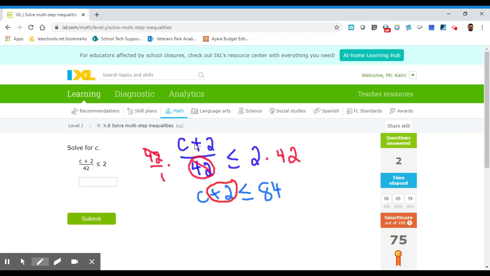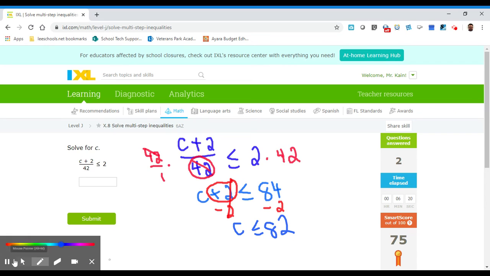Now, notice I didn't multiply the term by a negative, so I didn't switch the sign. Subtract 2, cancels out, and our answer is c less than or equal to 84 minus 2, which is 82. Okay, we type it in, and then we submit.